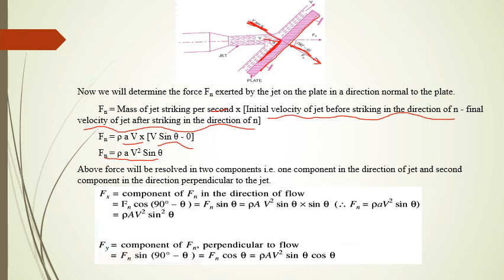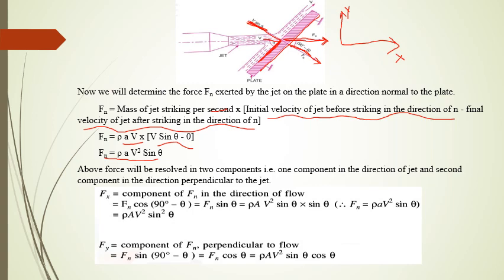Now we will resolve the force components in the horizontal direction, that means in the direction of the jet, and perpendicular to the direction of the jet. In the direction of the jet means horizontal direction x, and perpendicular to the direction of the jet is y. Now the force component Fx in the direction of the jet, this is Fx. This is the resultant Fn.